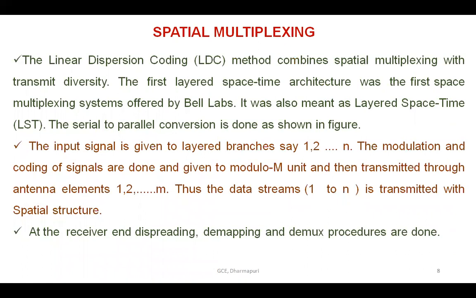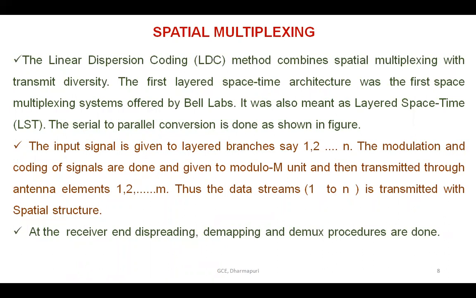The linear dispersion coding (LDC) method combines spatial multiplexing with transmit diversity. The first layered space-time architecture for the first spatial multiplexing system was offered by Bell Labs. It is also known as layered space-time, LST. The serial to parallel conversion is done as shown in the figure.